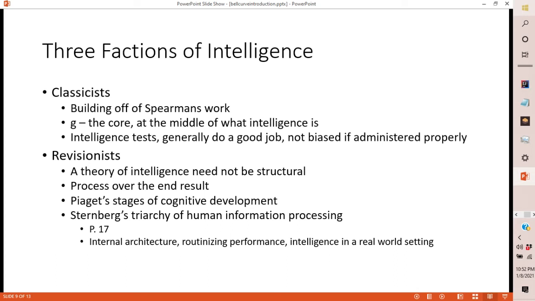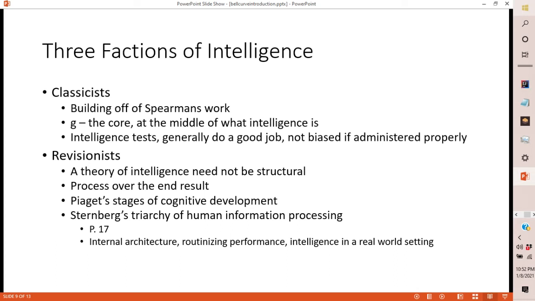They think that G is at the core of what intelligence is, that mental unitary factor from which all other mental abilities stem in the mind. That's what G is, generalized intelligence.